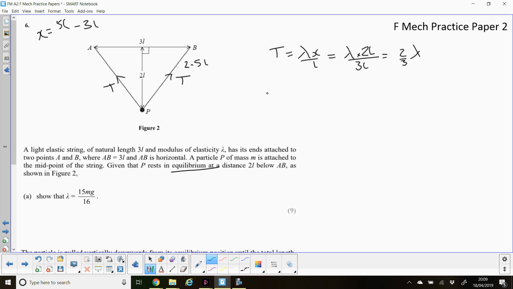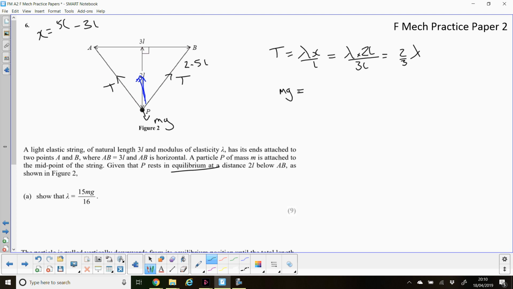Now it's in equilibrium, so this is hanging down if you check the question. So reacting down, we've got the weight, so we know that the weight must be equal to the components of tension acting in the same direction.